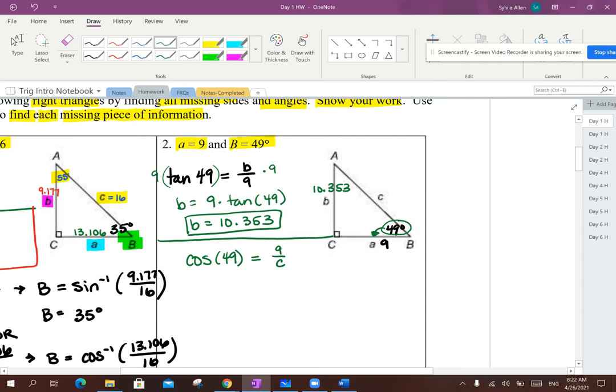I'm going to multiply both sides by c. Then we've got to divide by cosine of 49 degrees. So we have c is equal to 9 divided by cosine of 49 degrees. So we end up finding that c is 13.718.